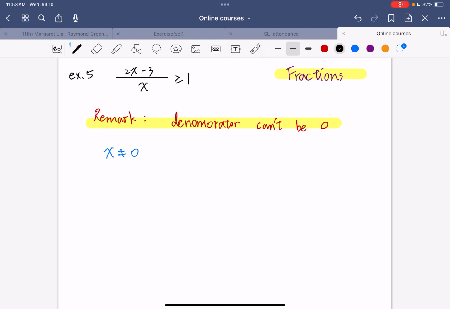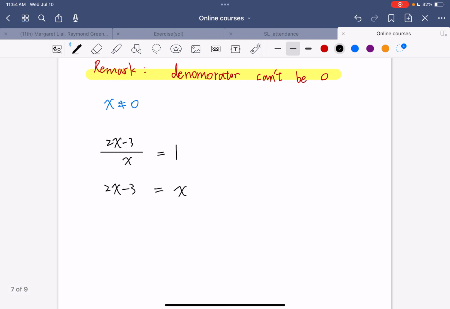And then we're gonna solve this question the way we solved it before. We're gonna solve it with polynomial first. We rewrite the question in polynomial way, and then we solve it. 2x minus 3 is equal to x. We move x to the left, minus 3 to the right. We can get 2x minus x equals 3.